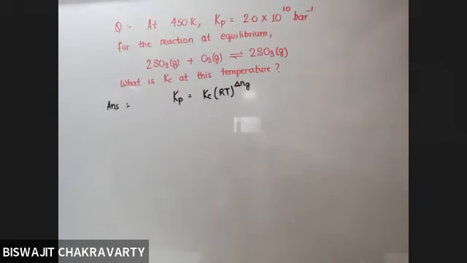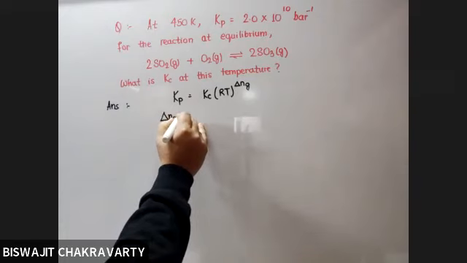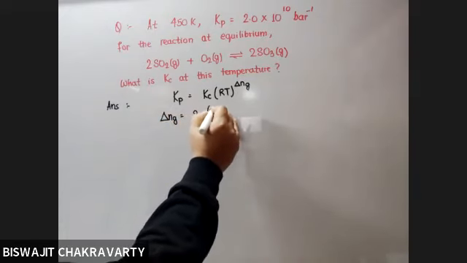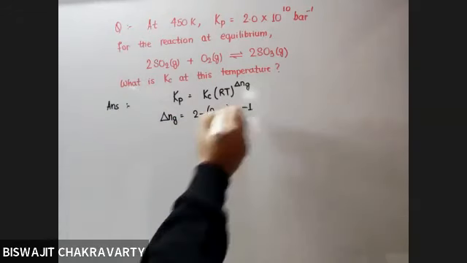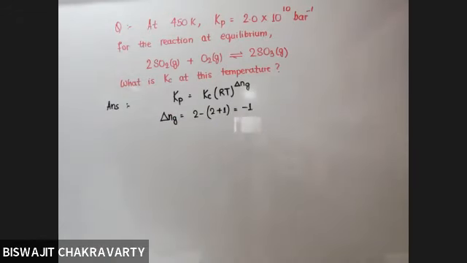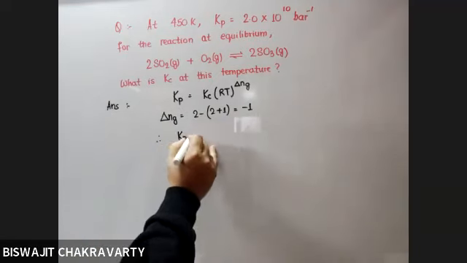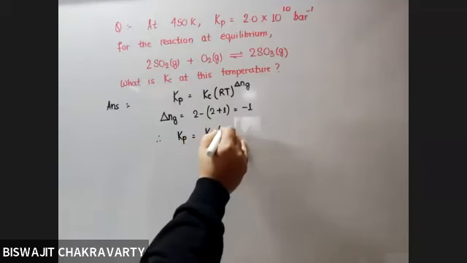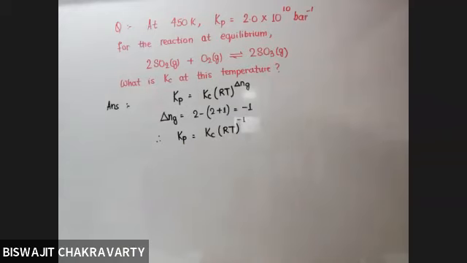And for this reaction, delta Ng is equal to 2 minus of 2 plus 1, which is minus 1. So therefore, Kp will be Kc into RT to the power minus 1.